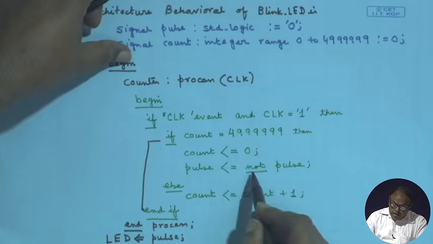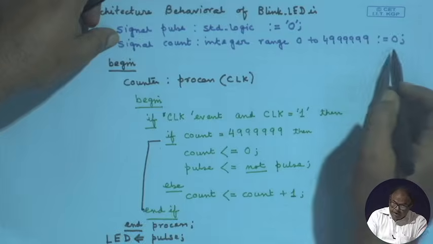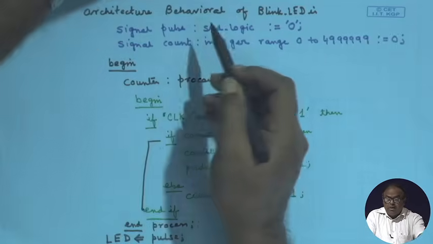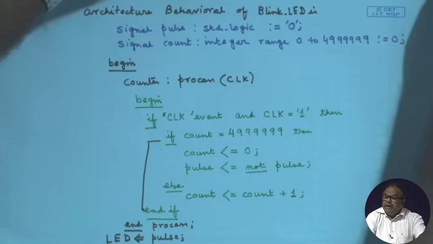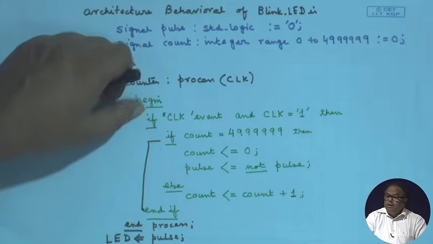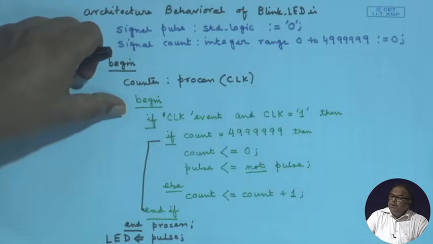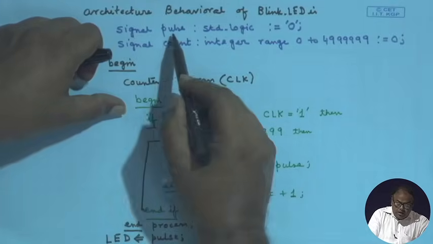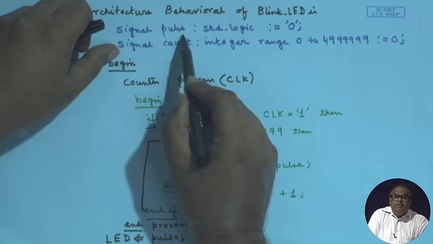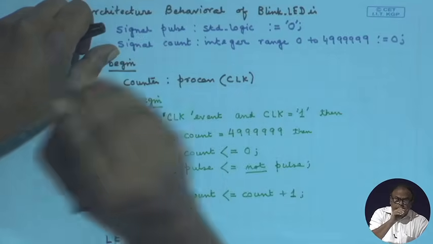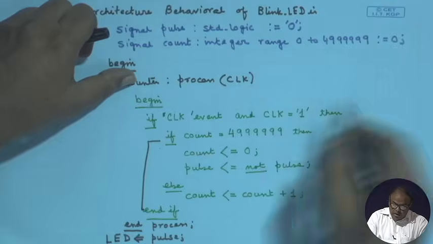Right now what is happening is I have declared pulse to be a signal, because I have to send that signal to the LED output. But the LED output is not known to me as yet. So, I declare a signal pulse which is standard logic and initialized to 0. So, right now the pulse is 0.